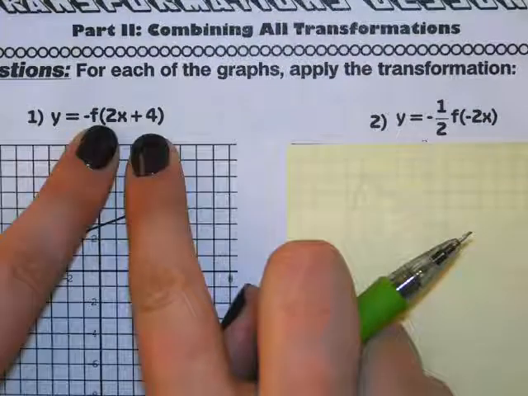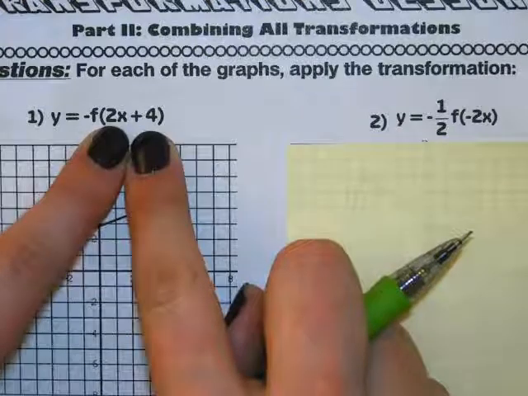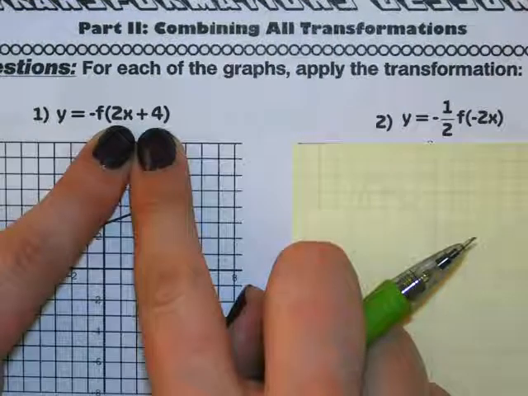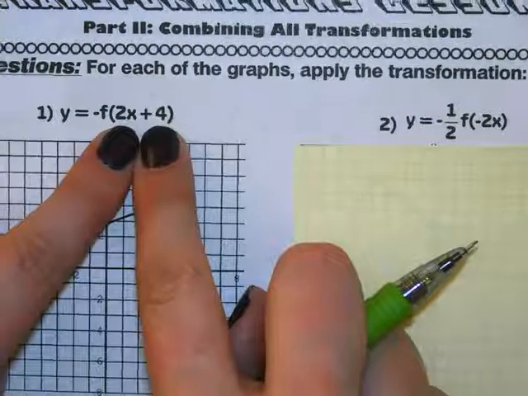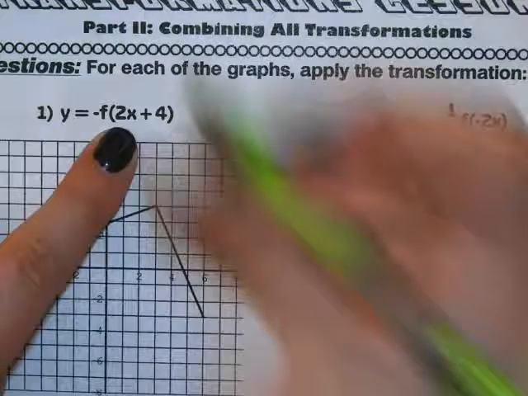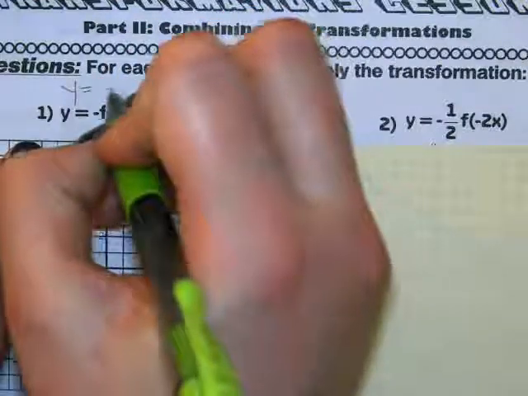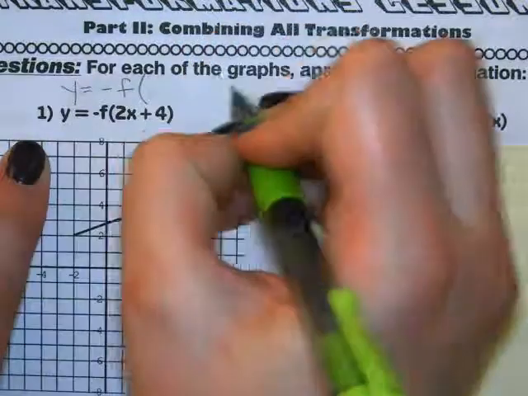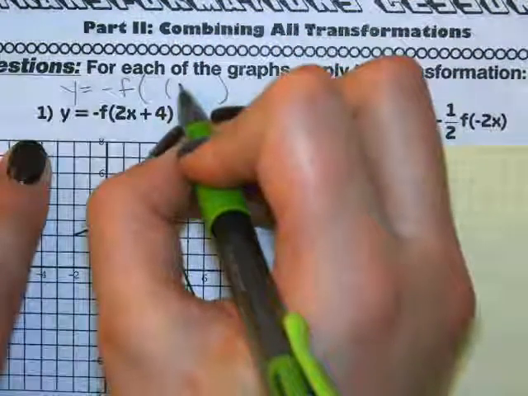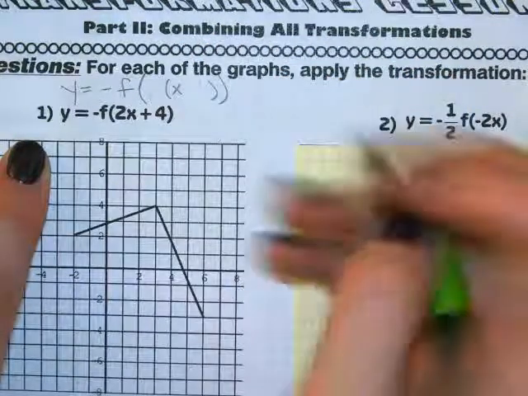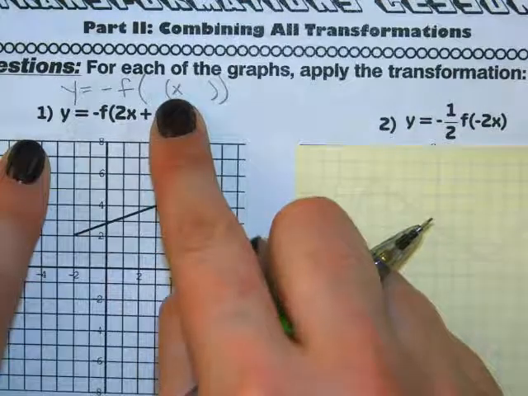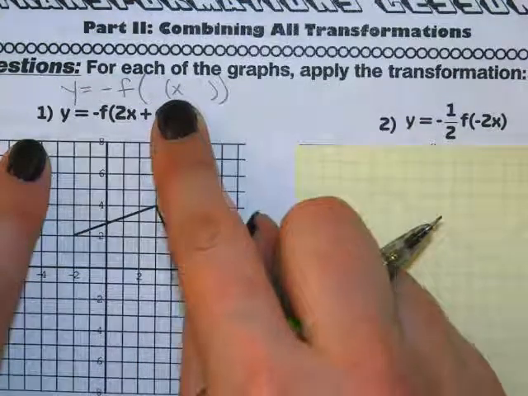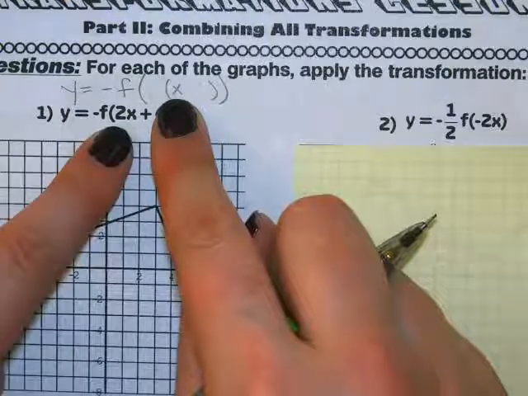The thing that's weird about number 1 is that you're not allowed to work with them while they're like this. Anyone remember what we have to do to problems like this? We have to factor it. So I'm going to rewrite this problem so I don't get my transformations wrong. So I need the x to be all by itself. And to do that, what do I do with the 2?